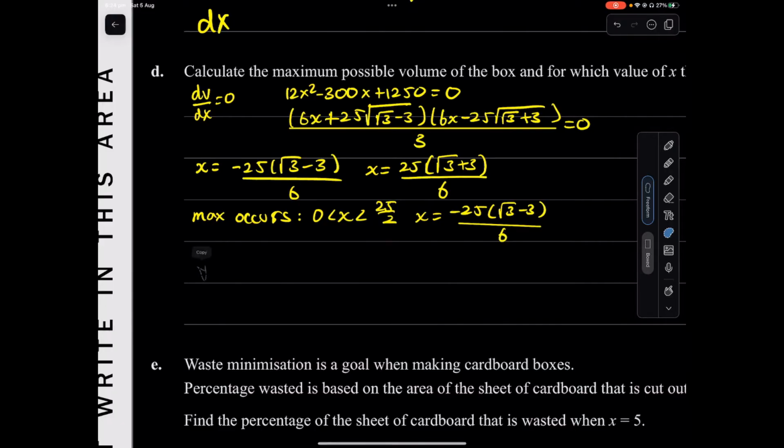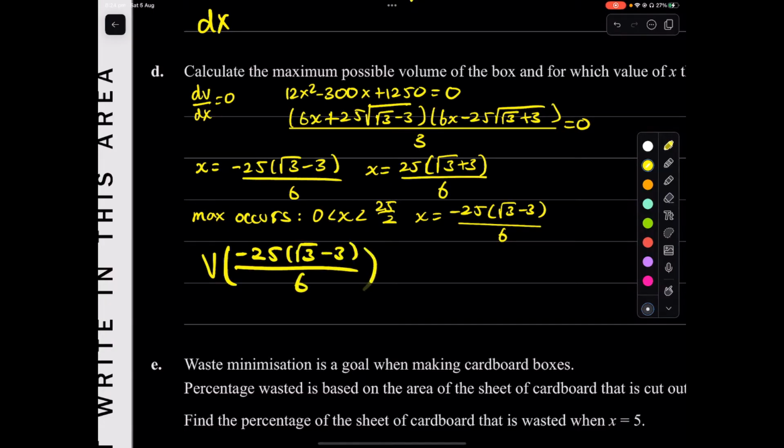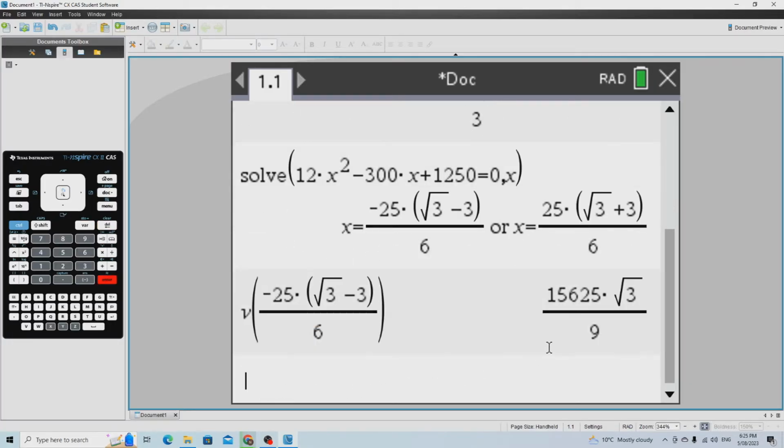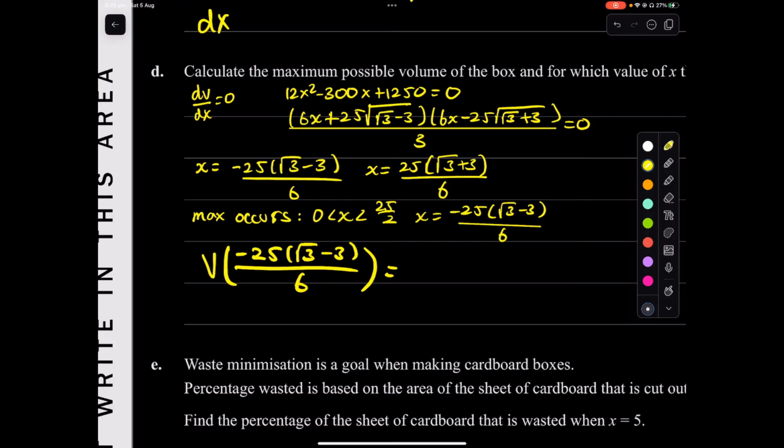So v of negative 25 root 3 minus 3 all over 6, we want this value, which gives us this ugly value: 15625 root 3 all over 9.